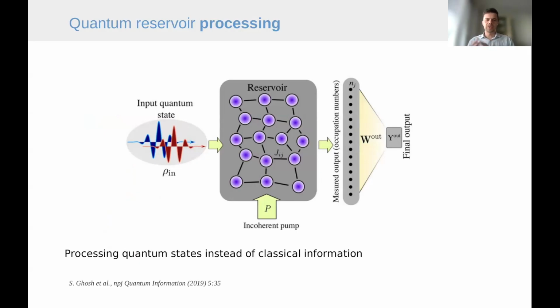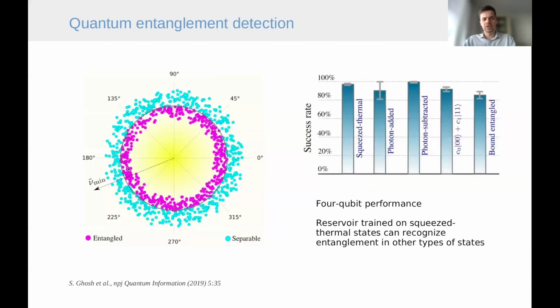So for example, a quantum task is the recognition of entanglement in the optical input state that is coming as an input to the reservoir. And we showed that this is also possible, that it can be done effectively. For example, in the case of recognition of entanglement or some other properties of the system, we can get quite high accuracy rates, even for really small reservoirs. So for example, for 4 qubits, as shown here.